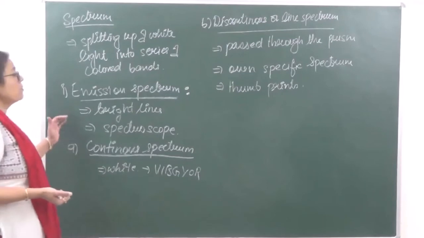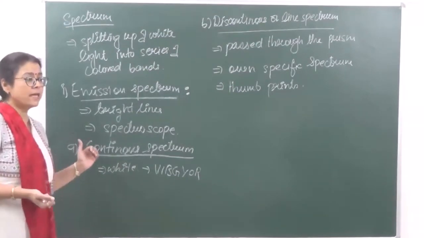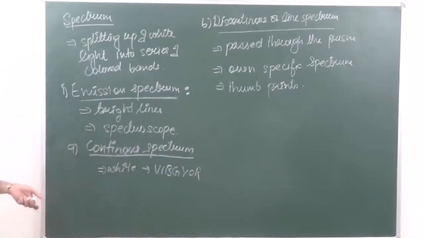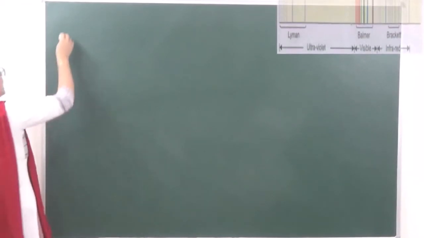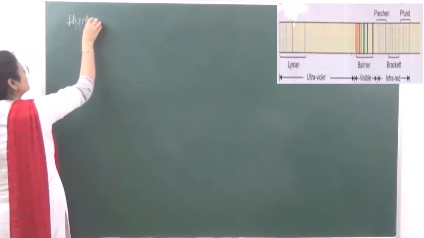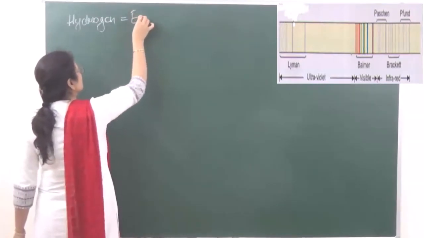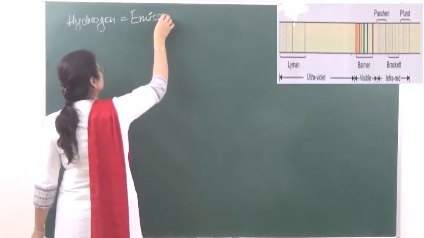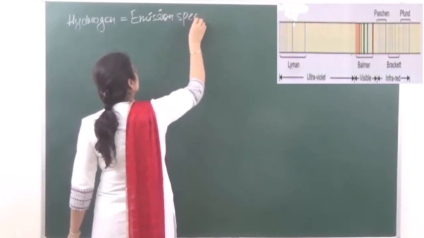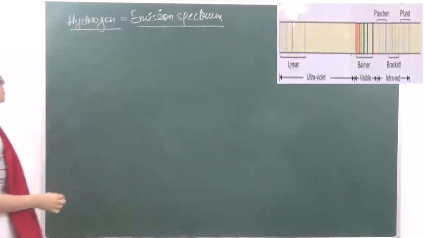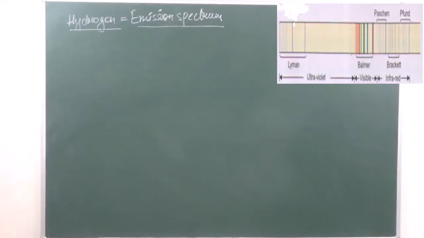A very good example of emission spectrum, the first emission spectrum which was studied, was that of hydrogen. So we will study today the spectrum of hydrogen, right? When we are studying the spectrum of hydrogen, we say that hydrogen is an example of emission spectrum.